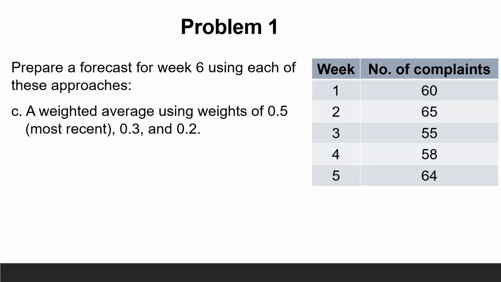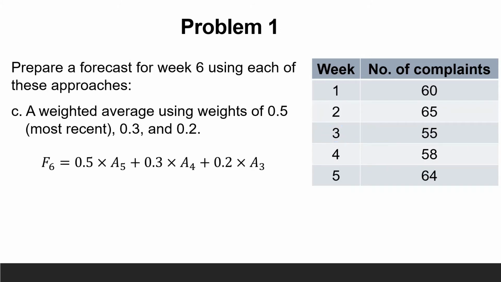The next is to calculate the forecast for week 6 using a weighted average using weights of 0.5, 0.3, and 0.2. The highest weight is assigned to the most recent period, which is week 5, the weight of 0.3 for the previous period, week 4, and the lowest weight is for week 3.